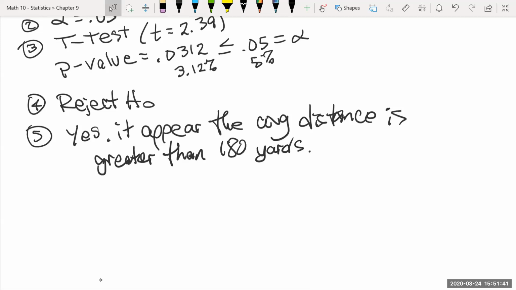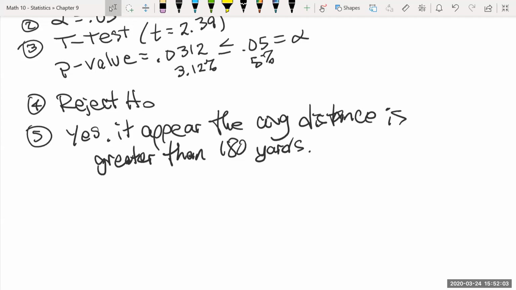Now, I will tell you on the computer, because a lot of people don't have technology, they can't find the p-value exactly on a t-test. You can on a z-test based on the table, but the t-table is set up a little bit differently. So on the p-value, when you do a t-test, they're going to give you an interval of numbers.